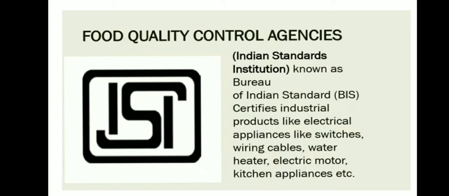So this BIS, that is Bureau of Indian Standards, they certify these products. What products? Electrical appliance products. If the electrical appliance is certified by BIS, it is said to be a product of good quality.